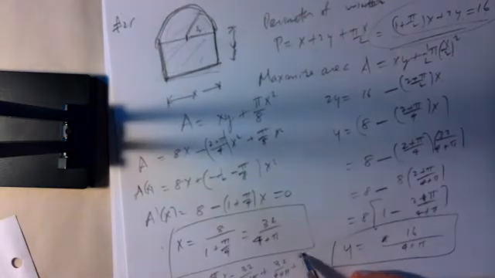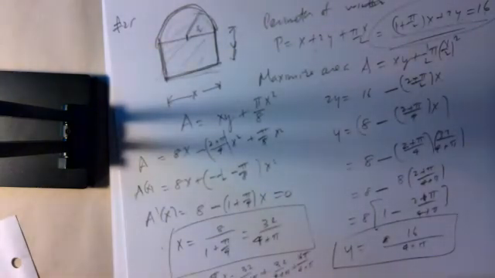That's 16 pi over 4 plus pi. So that's 64 plus 16 pi over 4 plus pi. That's exactly 4. That's exactly 16. That's right. So this is the answer.